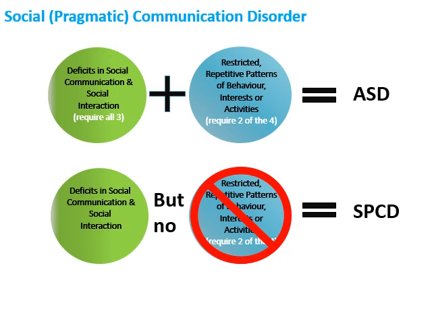Lastly, in the Diagnostic and Statistical Manual 5th edition, the DSM-5, they brought in a new disorder or condition known as social pragmatic communication disorder. This was an attempt to replace the PDD-NOS, pervasive developmental disorder, not otherwise specified, where you saw that there were deficits in social communication and social interaction, but there were no restrictive or repetitive patterns of behavior, interests, or activities.